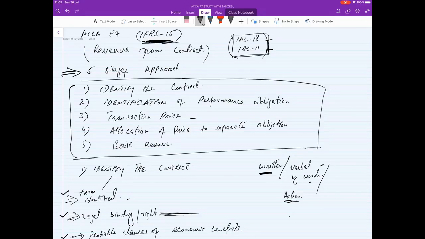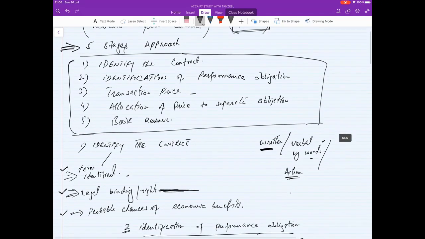Then we will determine the price: how much price we are going to get out of this contract. The fourth stage is to allocate the price to the multiple obligations, and then accordingly we will book the revenue.